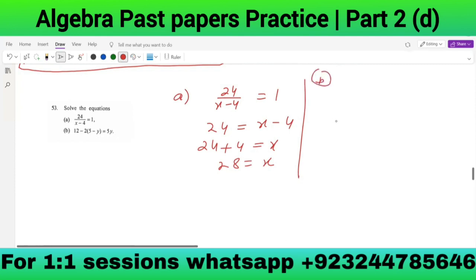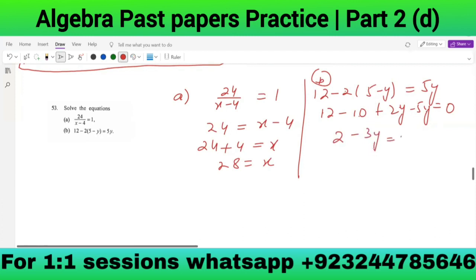Now part B. It would be 12 minus 2 into 5 minus y is equal to 5y. 12 minus 10 plus 2y minus 5y is equal to 0. 12 minus 10 would be 2. 2y minus 5y is minus 3y, equal to 0. So 2 is equal to 3y and y is equal to 2 by 3.